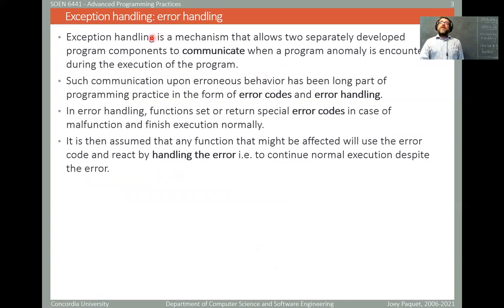Now, this is not something entirely new. Before exception handling became commonplace in many programming languages, there was what was called error handling. So essentially, what is exception handling? If you make it very simple, your code executes, and at some point in the code, some unforeseen situation happens.